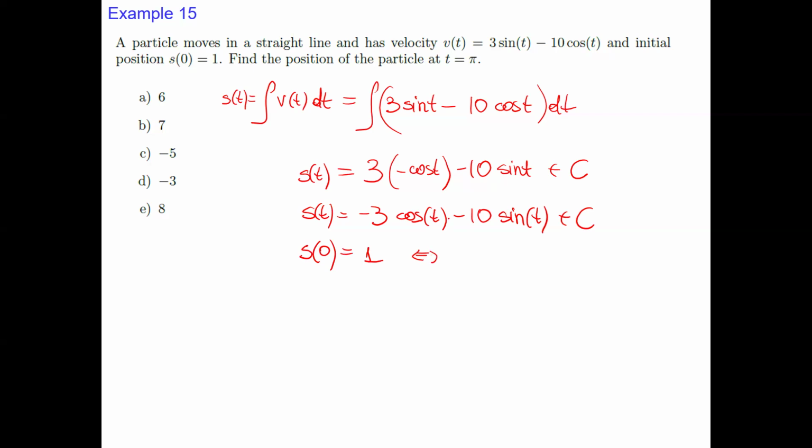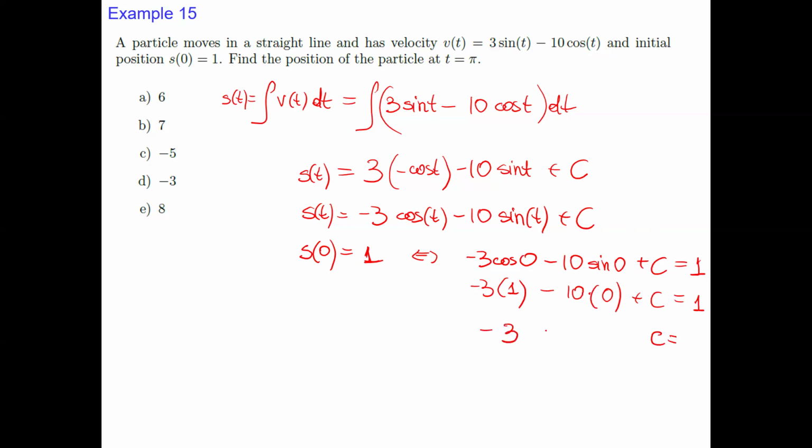Then let's replace t with 0. Negative 3 cosine at 0 minus 10 sine at 0 plus the constant equals 1. Now cosine at 0 is 1 and sine at 0 is 0. That means, let me write, negative 3 minus 0 plus the constant c equals 1, so constant c equals 4.